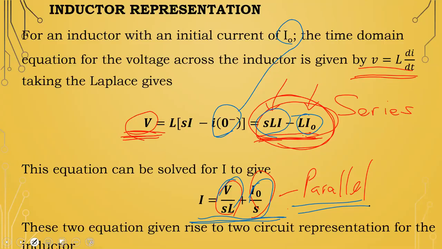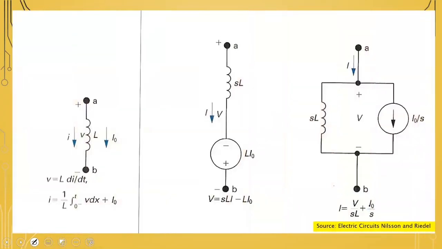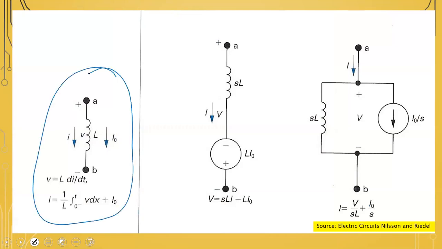So if we represent these diagrammatically, then this was our original circuit. And what we did just now, we used the voltage representation in order to find this, and then we rearranged that to that.